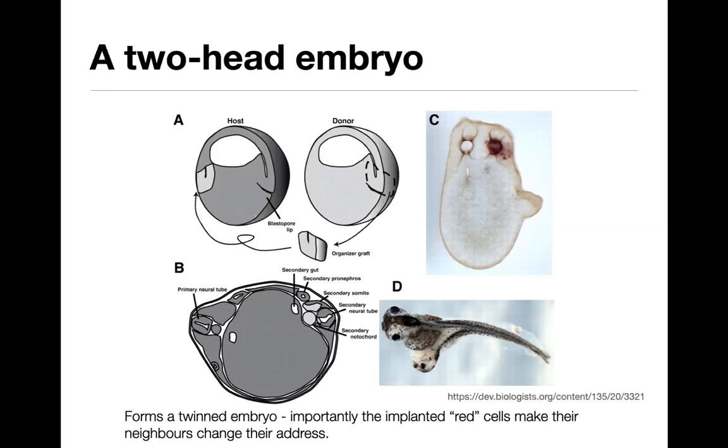Here is a modern reworking of this experiment. In D, you can see the two-headed embryo. In C, you can see a section through the two-headed embryo.